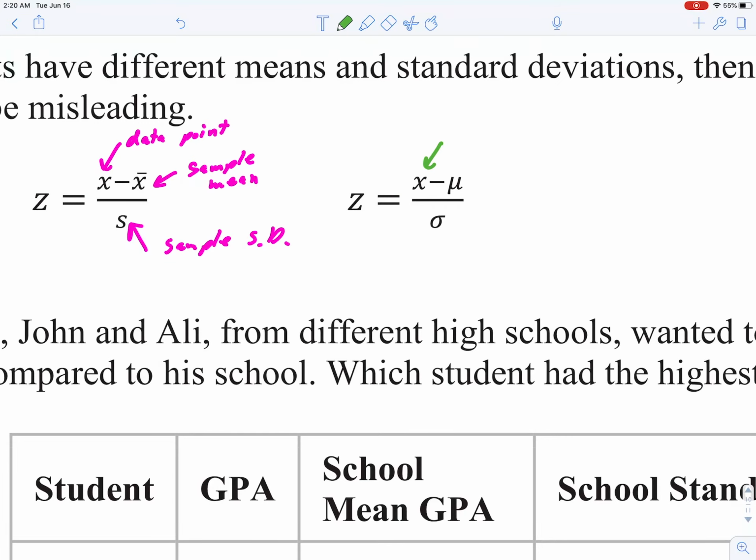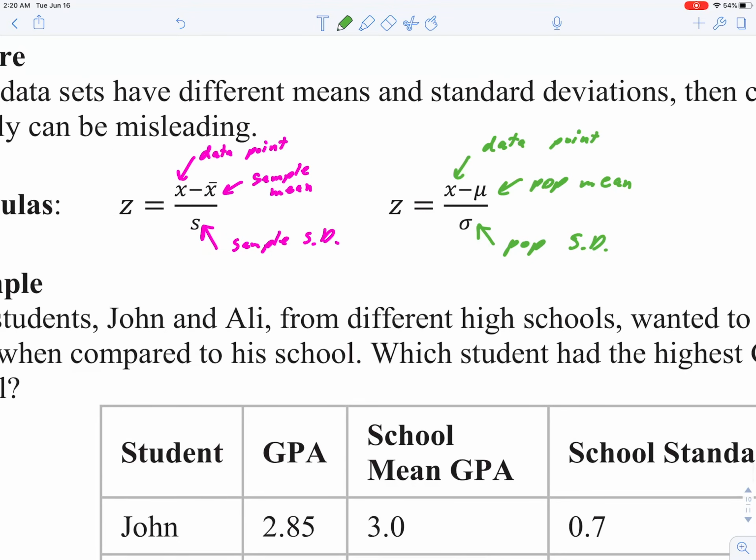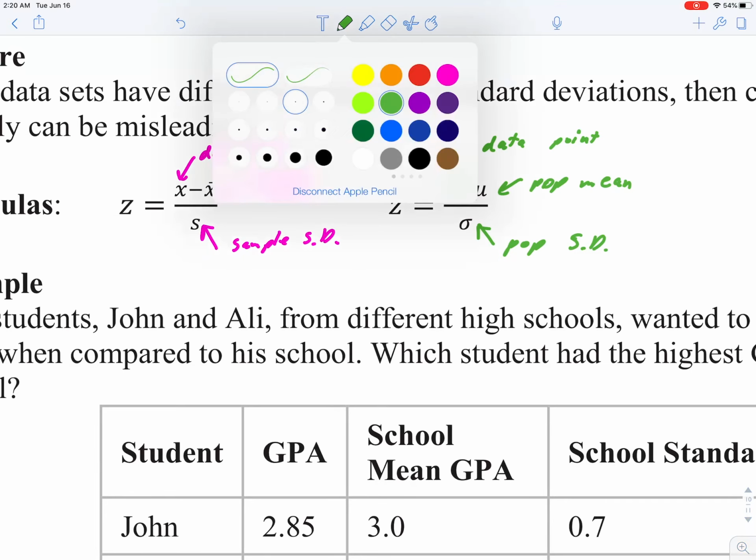The one on the right here is for a population. So this is still the data point. This means population mean, that's mu, and sigma means population standard deviation. Make sure you know those. Make sure you know these equations.